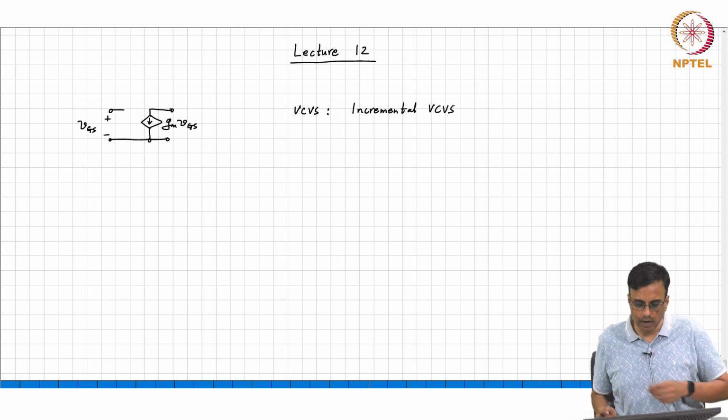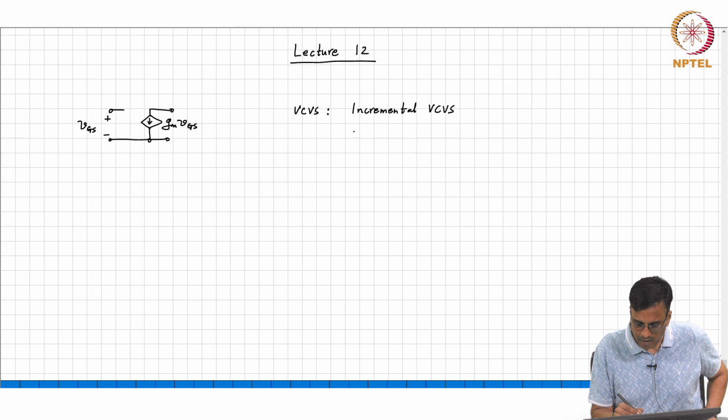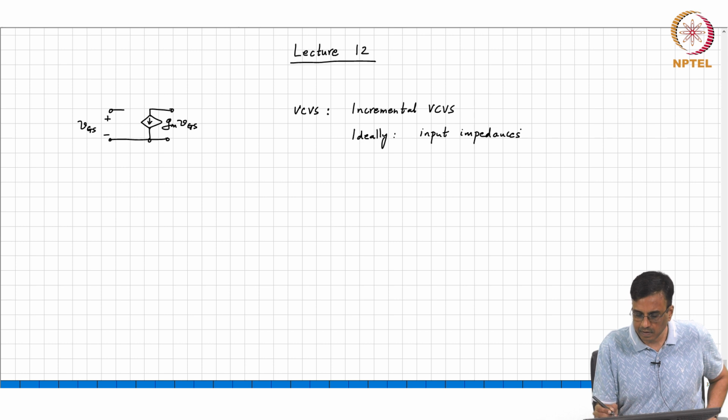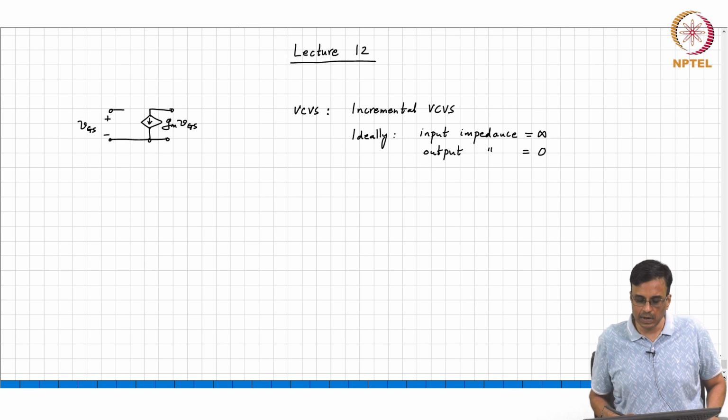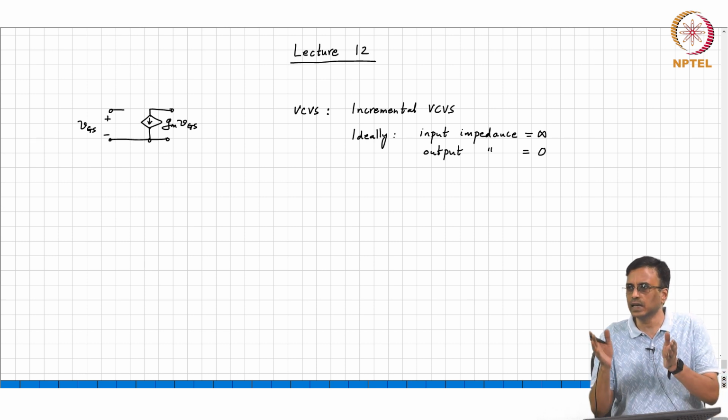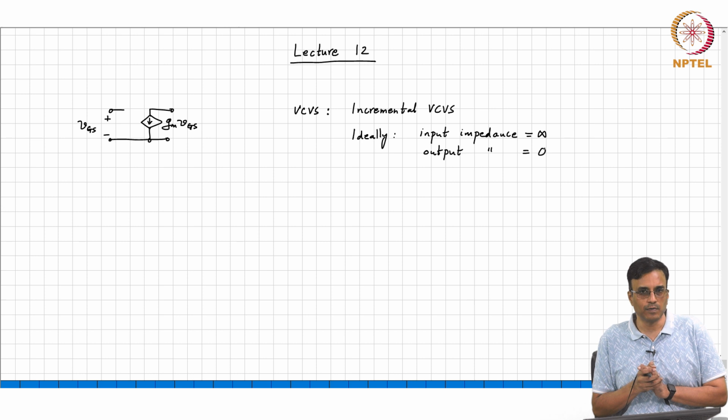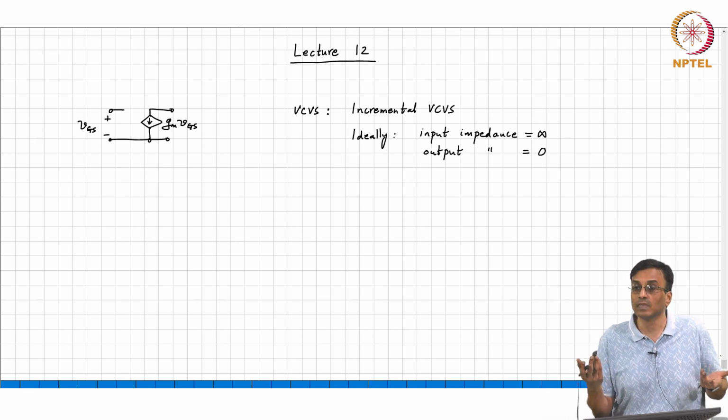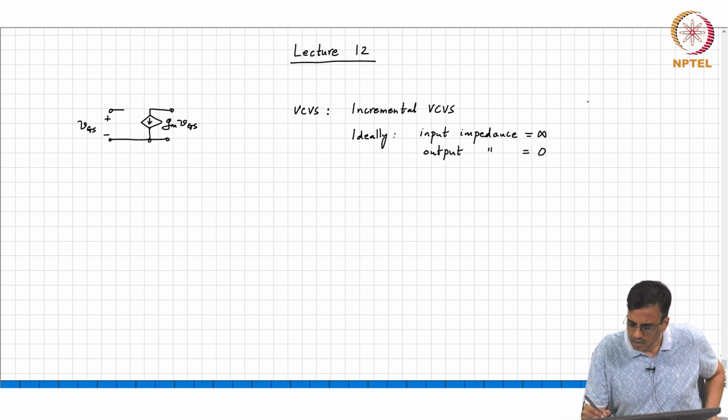Now, let us recall what is the input impedance of a VCVS. Infinity. Output impedance is 0, and therefore, when we have a voltage controlled voltage source, the only number you have to specify is the gain, so Vo by Vi is the gain.